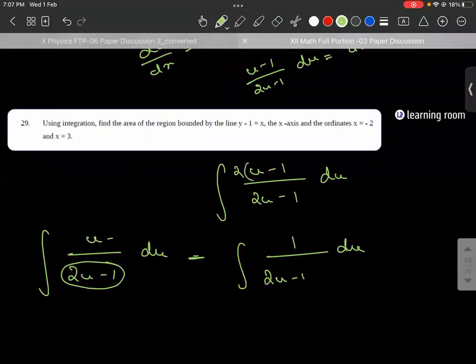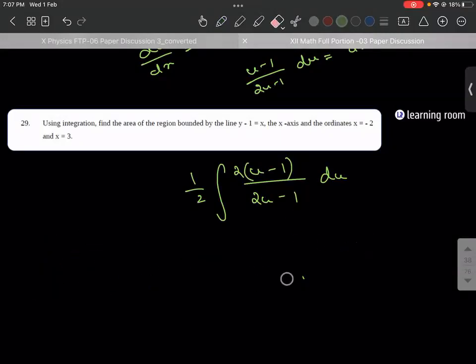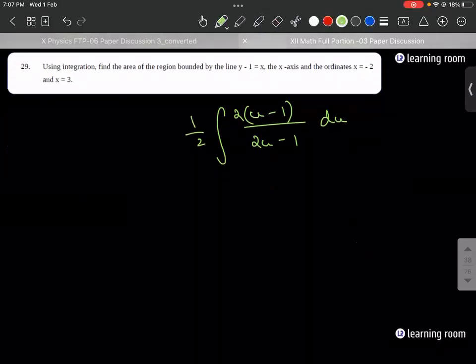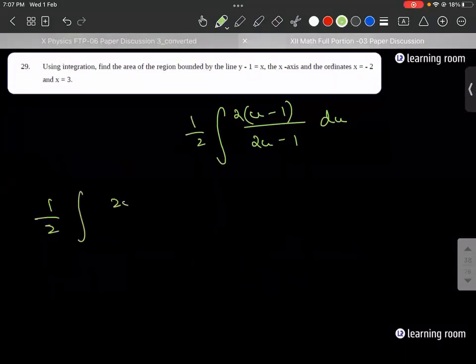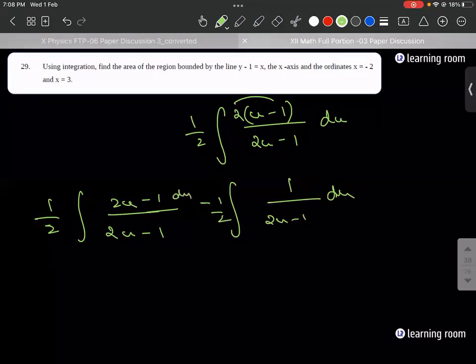I'll multiply and divide it with 2 because I'm able to see that the coefficient of u in the denominator is 2. So half into integral of 2u, it's going to be minus 2, no? So I'll write 2u minus 1 divided by 2u minus 1 minus integral of half into 1 divided by 2u minus 1 du. Makes sense?